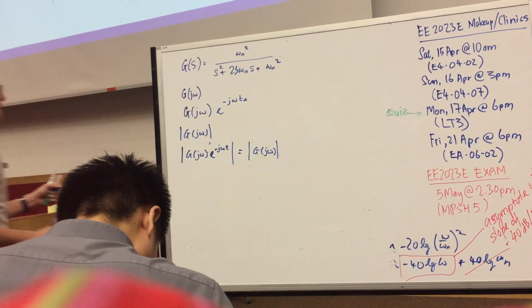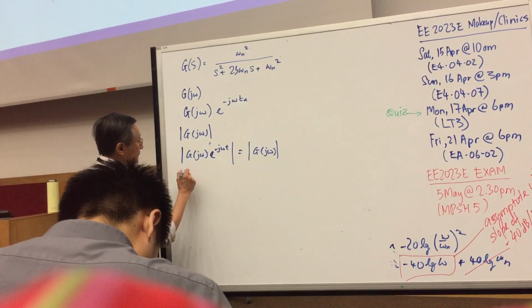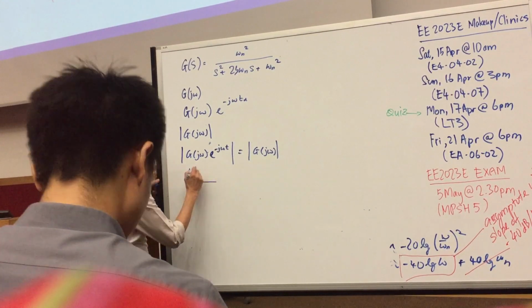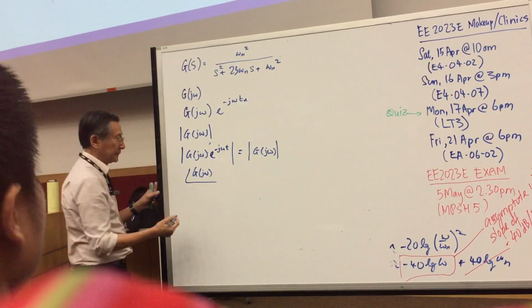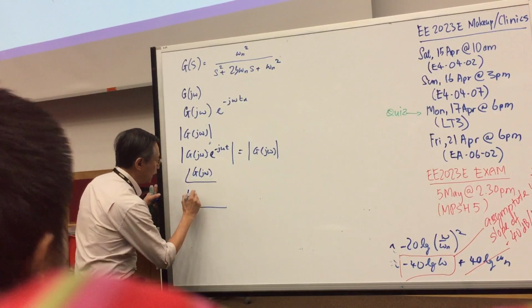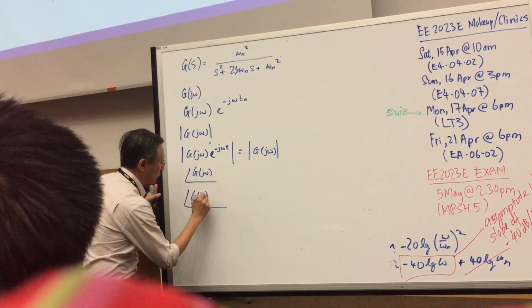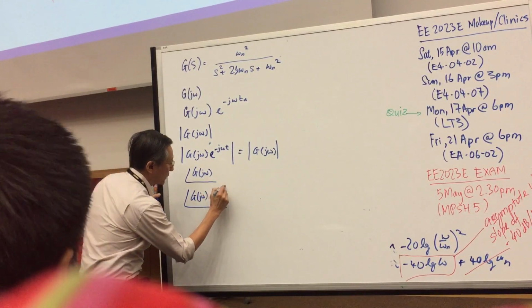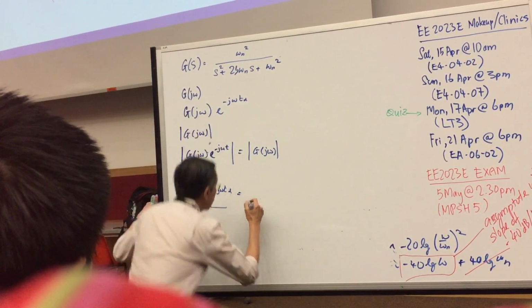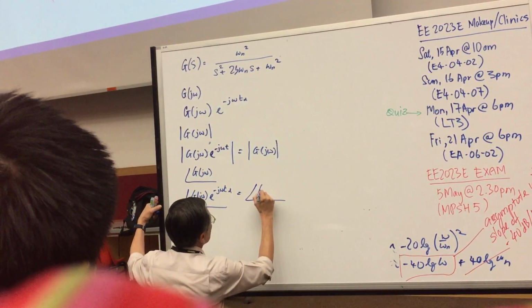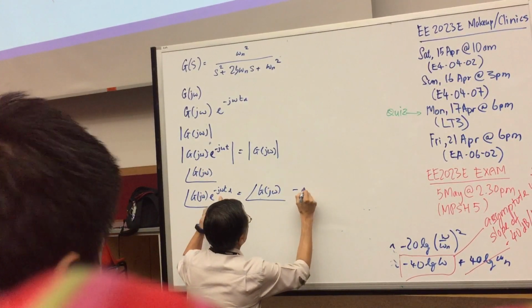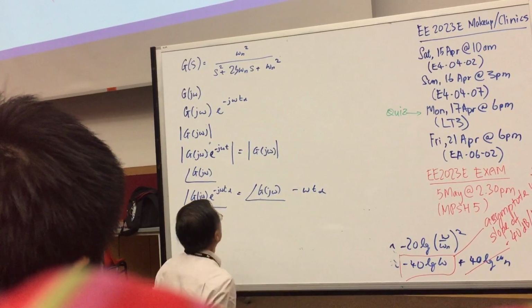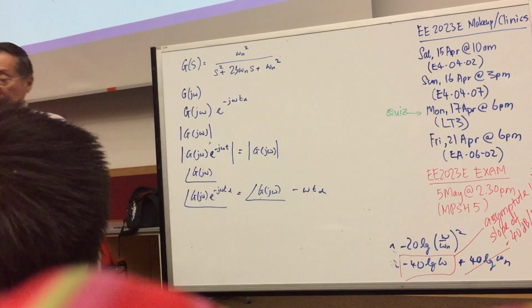Alright? What about phase? Alright? This is the phase. Whatever J or G is doesn't matter. Right? Similarly, what is this? That is the phase.